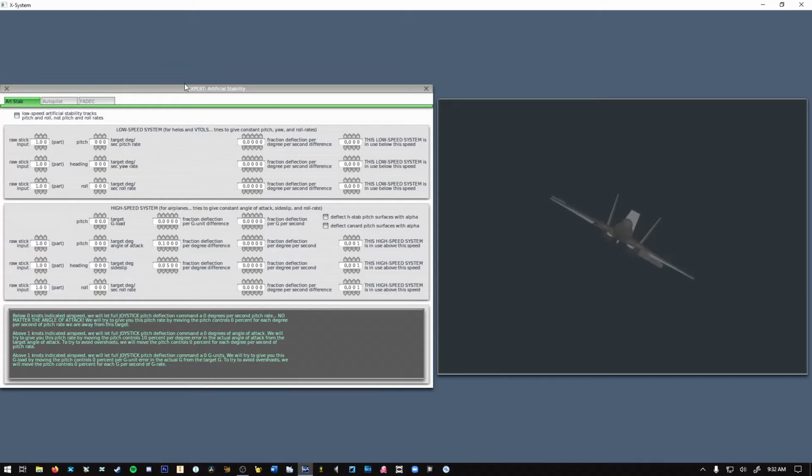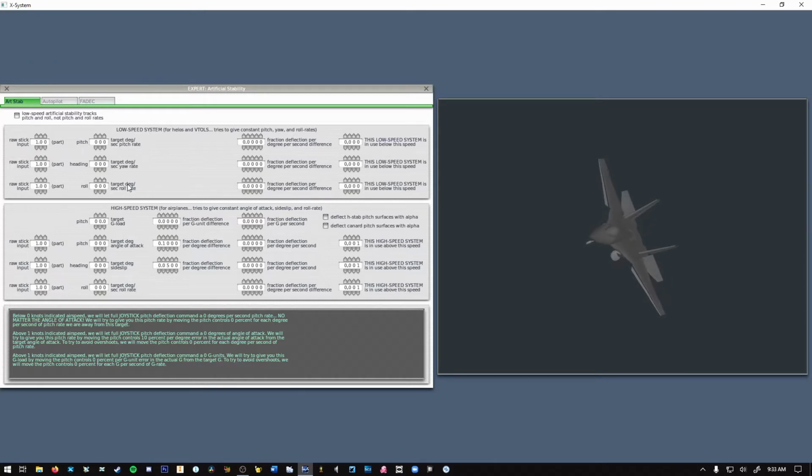And each of these systems will try to get the aircraft to perform at a degree that you specify here, based on some amount of stick deflection. So you aren't directly moving the flight control surfaces anymore. You are telling the computers what you want the aircraft to do, and X-Plane will try its best to get the aircraft to do that for you.